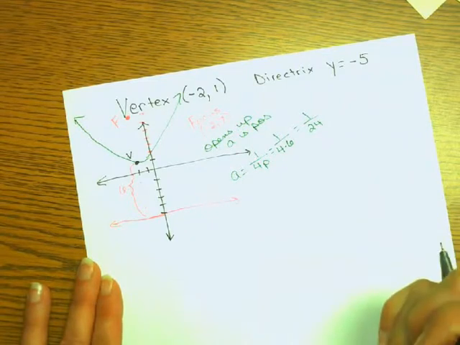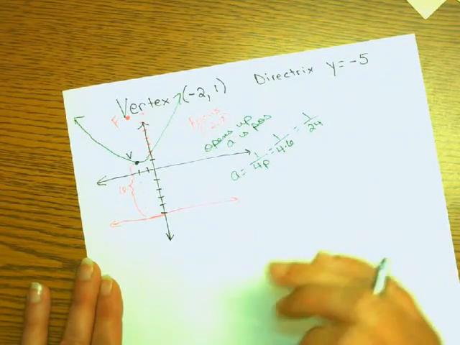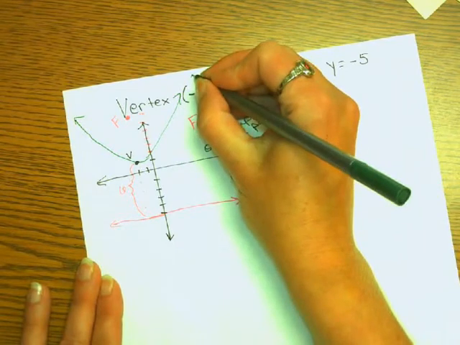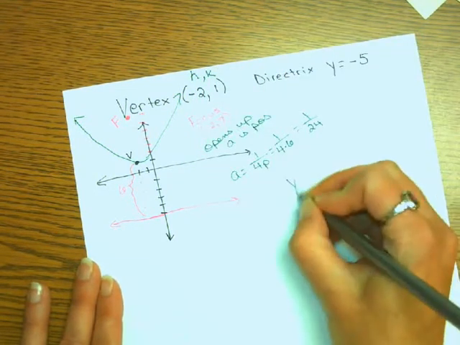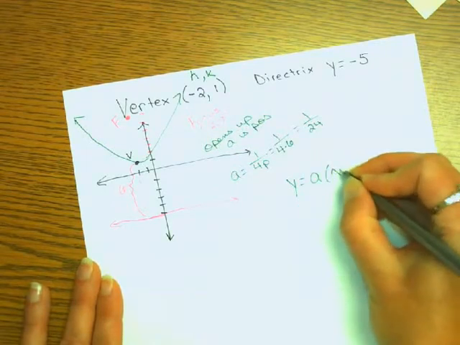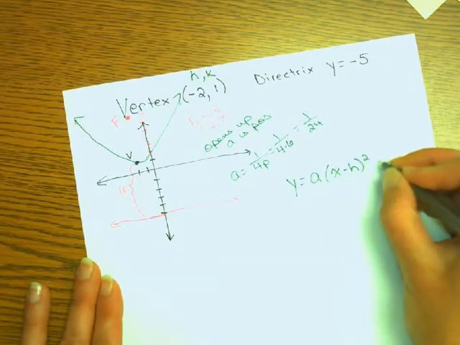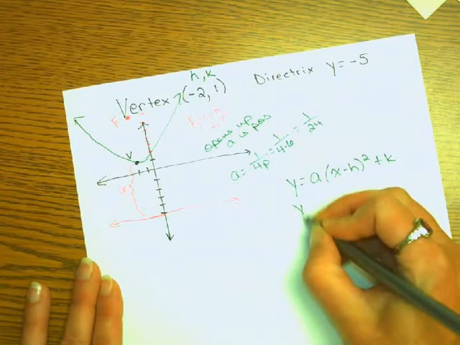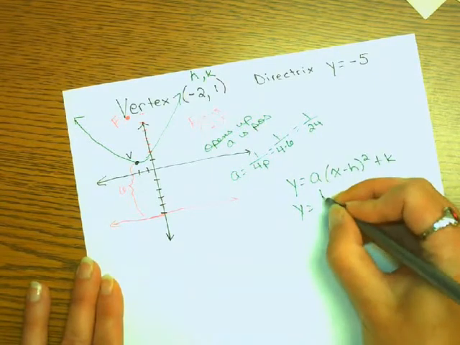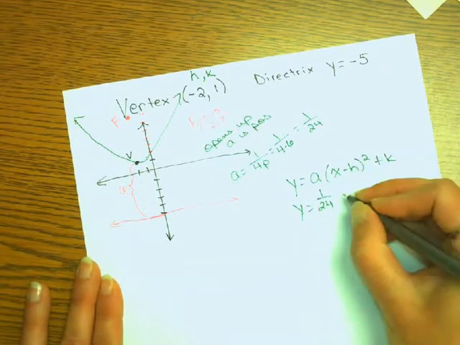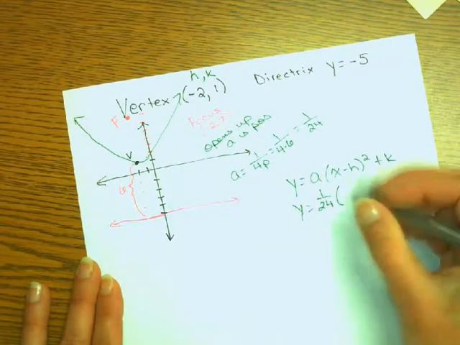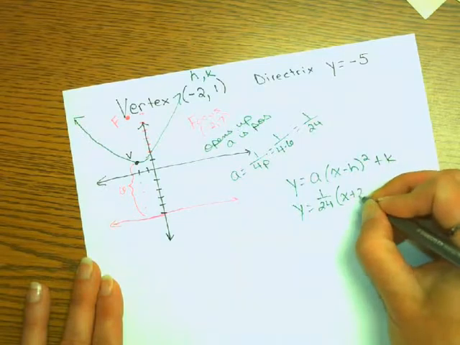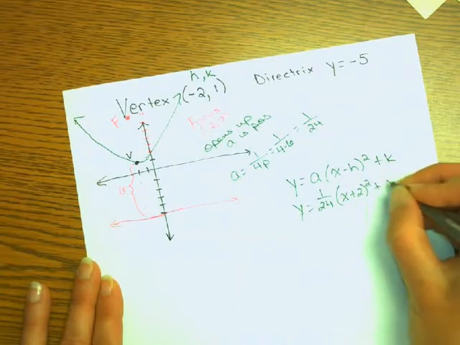Now, the only other thing I need for the equation is my vertex. X is h, and that's the k. Y equals a times (x minus h) squared plus k. Y equals, we found our a, we found our vertex. So x minus a negative 2 turns it to plus 2. Plus 1.